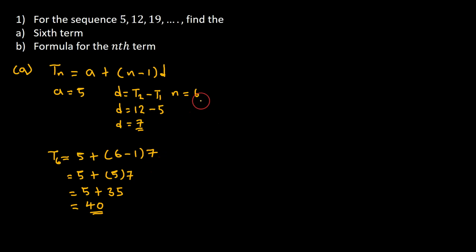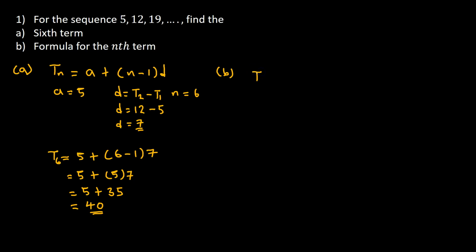So we are done with the first part. Let's solve the second part of the question, which is finding the formula for the nth term. The formula for the nth term just describes the terms in the sequence. It can be the first term, the second term, the fourth term. They are all described by the formula for the nth term.